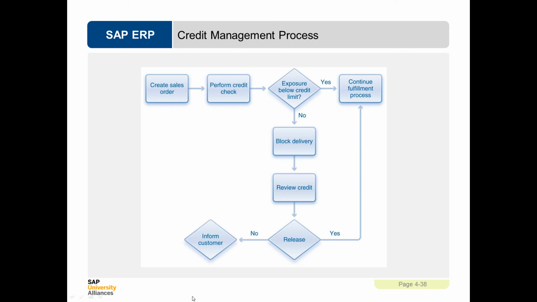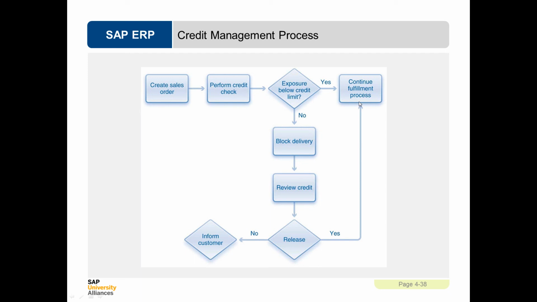We're going to definitely want to review the credit of customers whose business is growing. And if they are above their credit limits, but it's because their business is growing, not because they're in arrears on their accounts payable to us, then we would probably increase the credit limit and proceed with the fulfillment process.